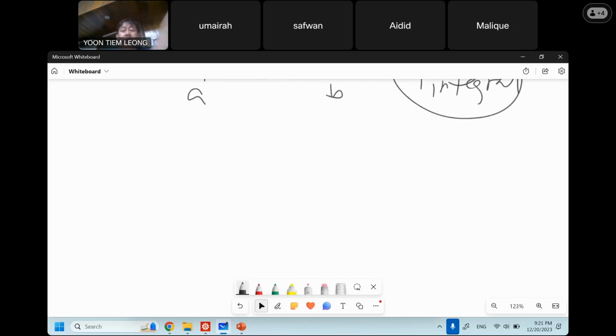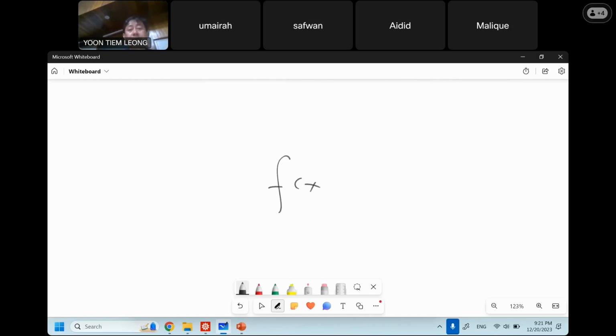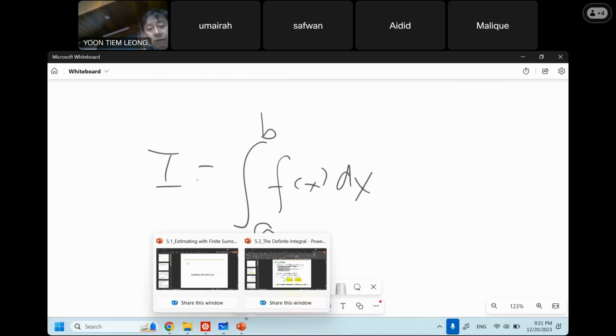So when you see this symbol f sitting inside a definite integral between the two limits, then the first thing that comes to your mind is that this represents a Riemann sum of the function within the interval of a and b. Okay, that is the definition of the definite integral.